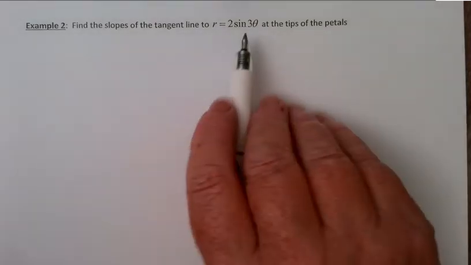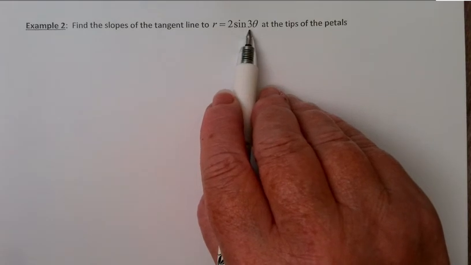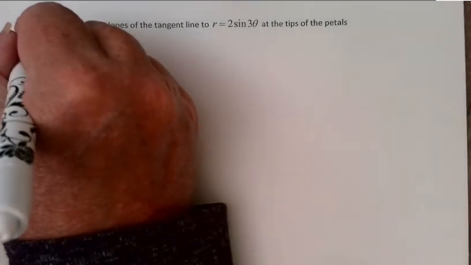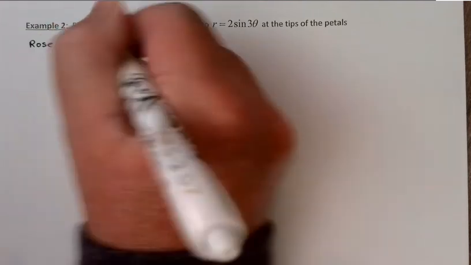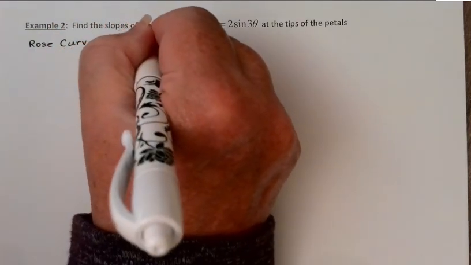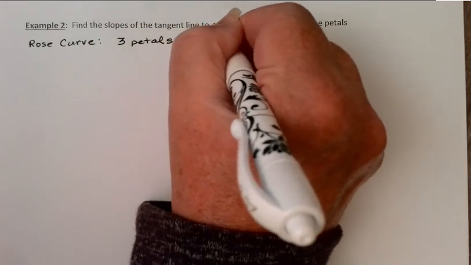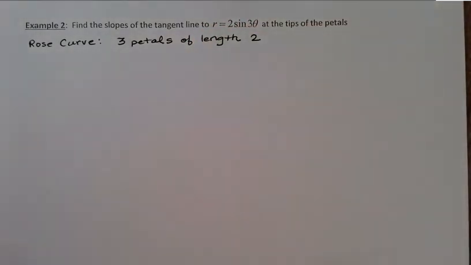And in fact, with an odd multiplier in here, this is a rose curve with 3 petals, and the length of each petal is 2. We'll graph this at the end. Let's go ahead and find the slopes first, and then we'll graph it and kind of see if we can make sense of it.